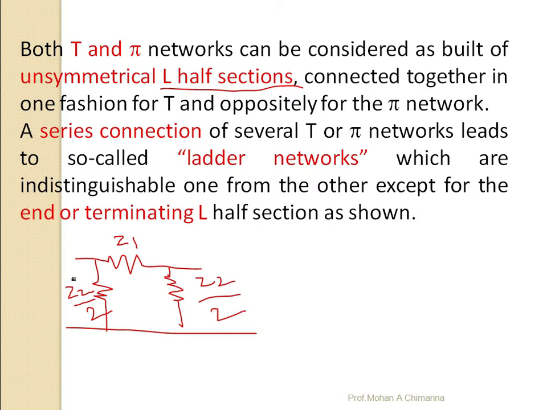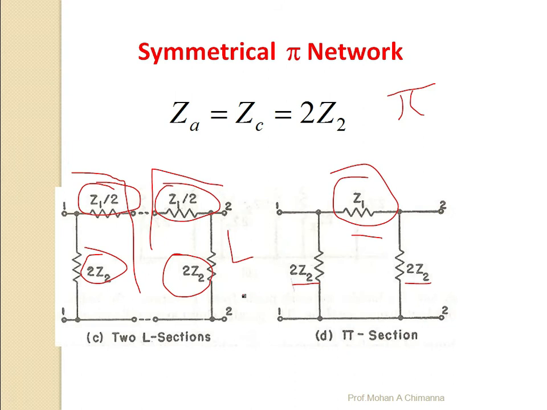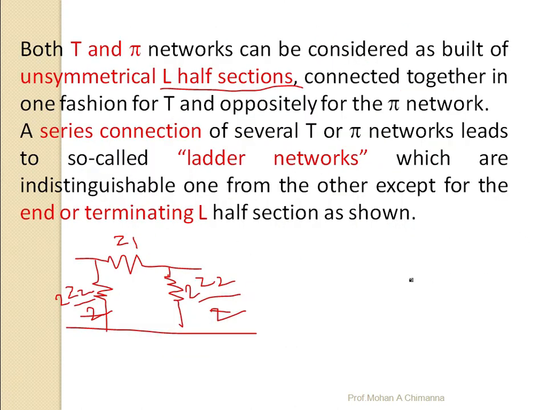Sorry, here is 2Z2, and here is 2Z2, which as per the previous explanation is given by 2Z2. In the case of the T network, there are two series arm impedances, Z1 by 2 and Z1 by 2, and one shunt arm impedance.